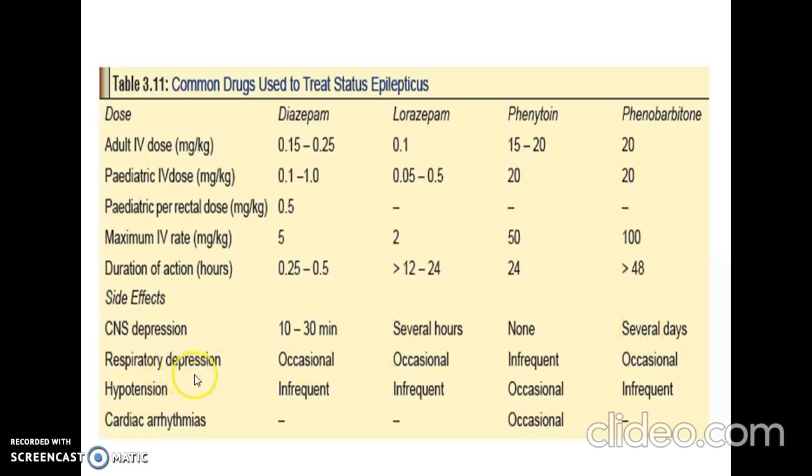Respiratory depression occurs occasionally with diazepam and lorazepam, infrequently with phenytoin, and occasionally with phenobarbital. Hypotension occurs infrequently with diazepam and lorazepam, occasionally with phenytoin, and infrequently with phenobarbital.